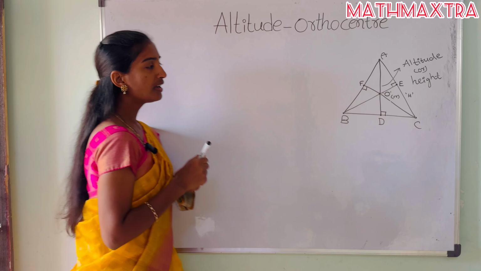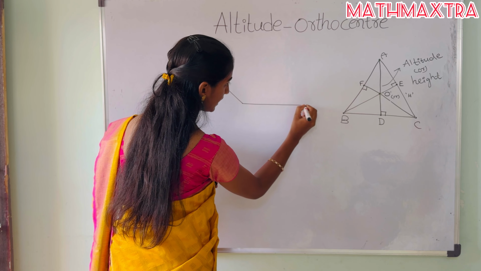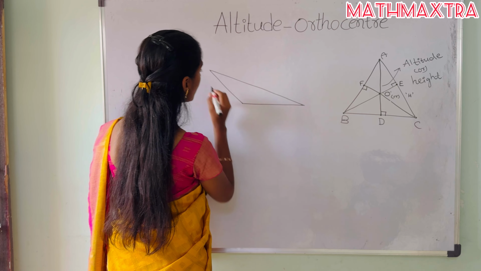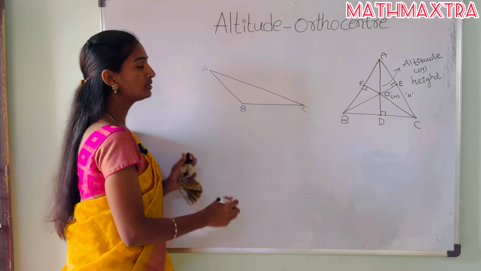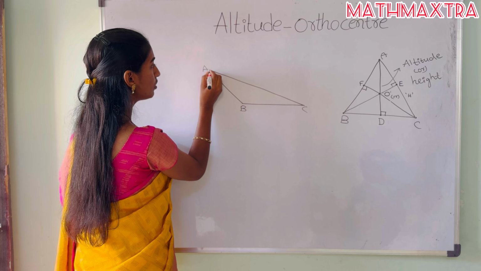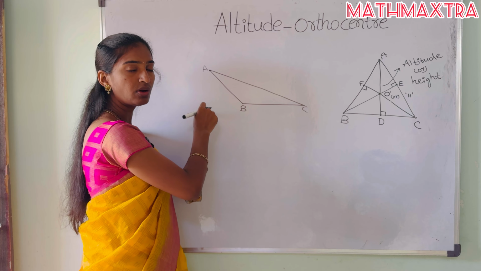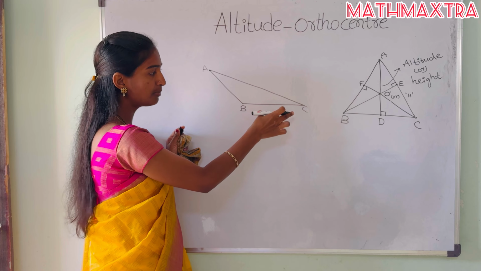Now consider an obtuse angle triangle. See, this is an obtuse angle triangle. According to the definition of altitudes, through the vertex we have to draw a perpendicular onto the opposite side. For this vertex, the opposite side is BC, right?